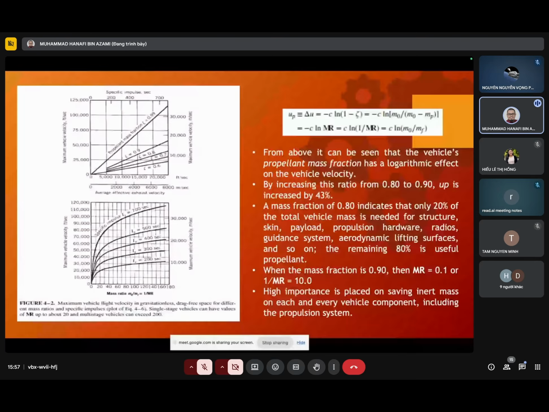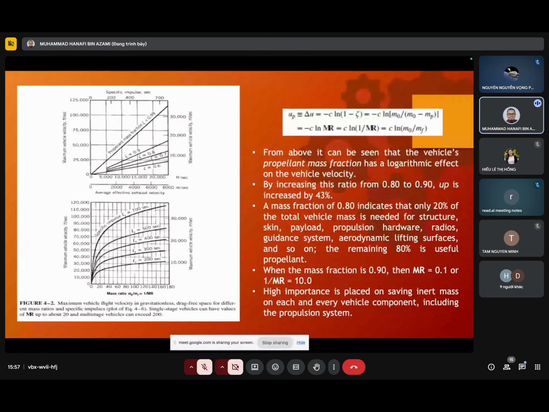Mass fraction 0.8 indicates that 20% of the total vehicle mass is needed for structure, skin, payload, propulsion hardware, radio, which is the transmitter, guidance system, lifting surfaces, and the remaining is the useful propellant. Again, useful propellant should be high in a rocket engine.